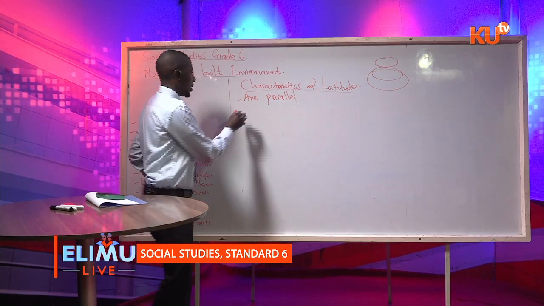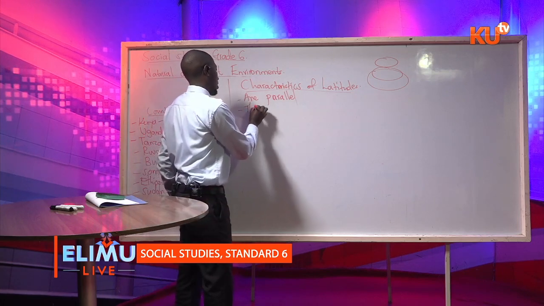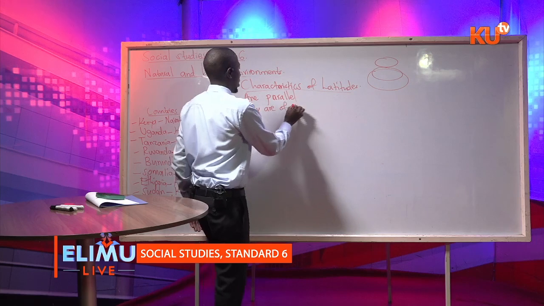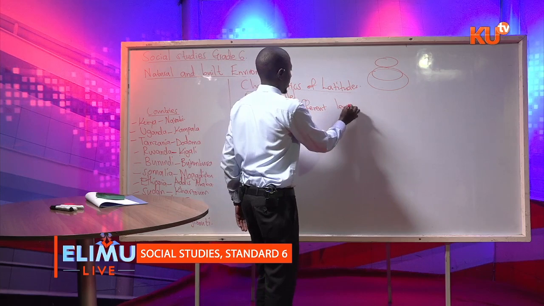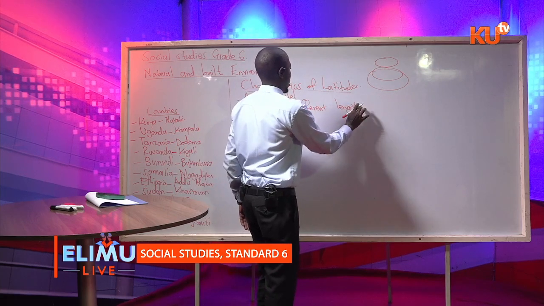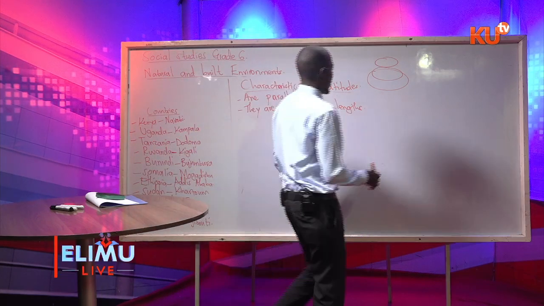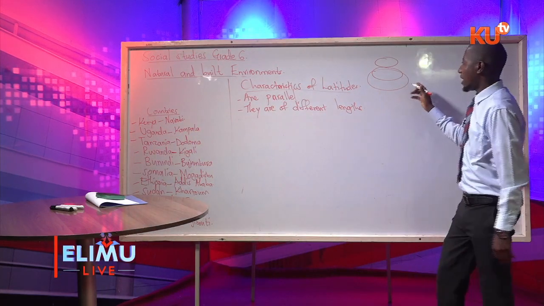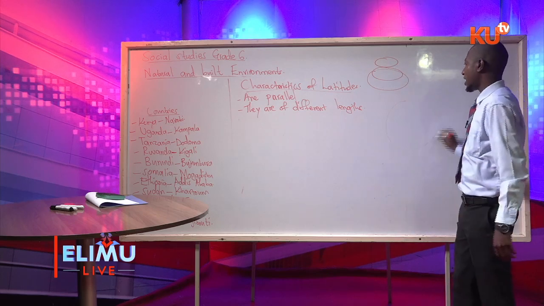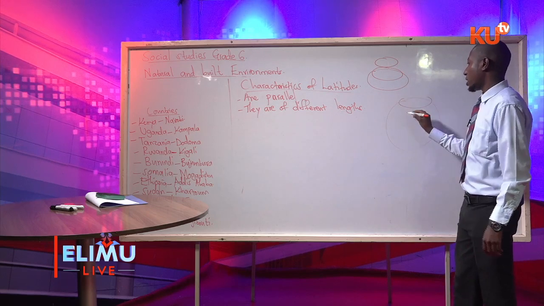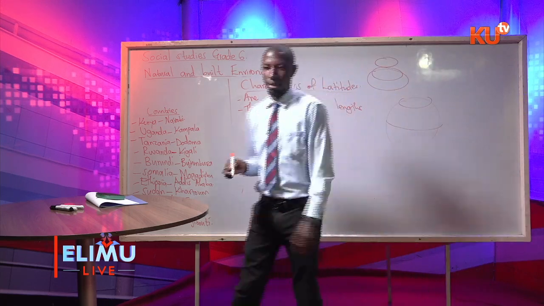Then they are of different lengths. They are not of the same length. For instance, the equator was longer than the Arctic. The Arctic is smaller because I told you it's a sphere like this. So this one that is up here is shorter than this one that is here.